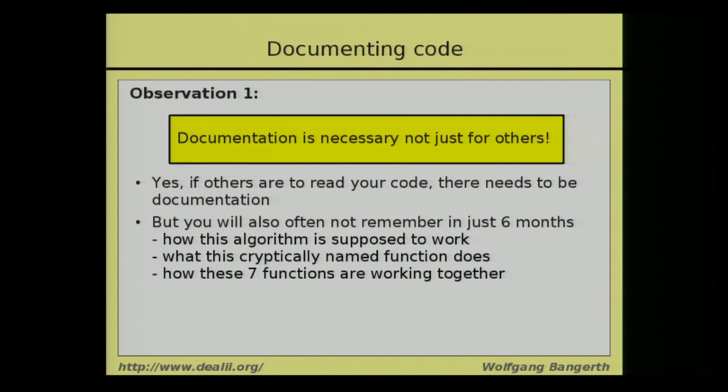You might not remember what this function does if you don't write it down. And you certainly might not remember how these 7 functions that somehow form a block, how they interact. So with this observation that we ourselves forget stuff, the consequence is that we have to write documentation not just for others, but that we have to write documentation for ourselves as well.